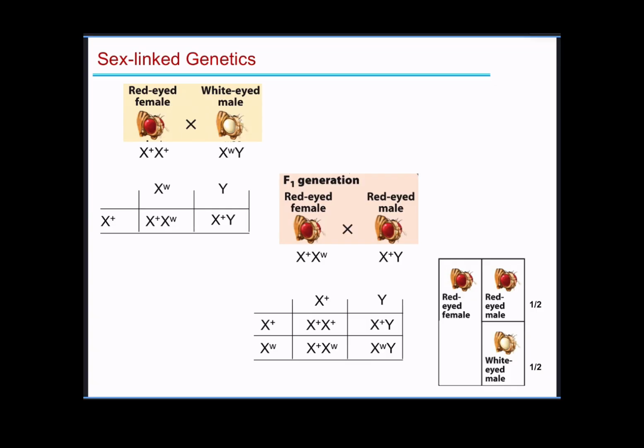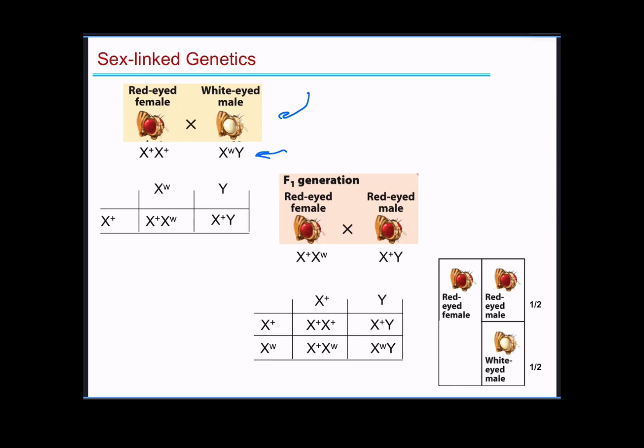So if you remember, the first cross that we discussed was red-eyed females to white-eyed males. Now thinking about the genotypes as shown here, the red-eyed females would be homozygote wild type for the eye color gene, both of those copies on the X, whereas the white-eyed males would have one X chromosome with a white eye allele, and then the Y chromosome without anything in it.